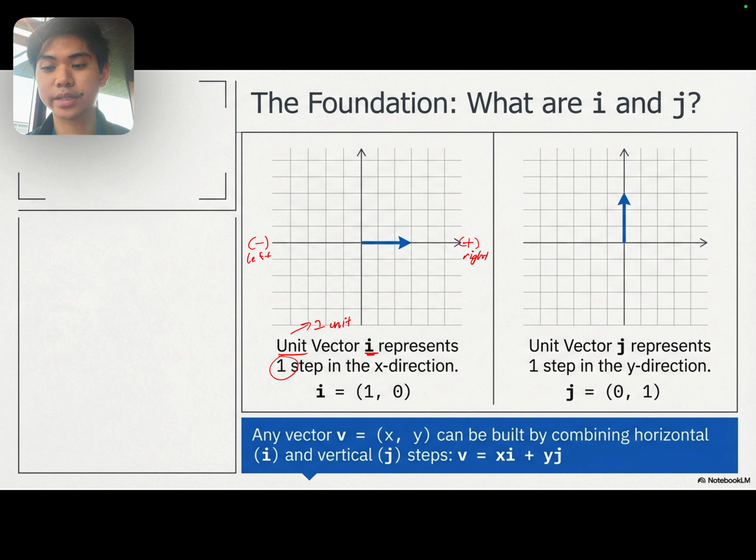Similarly, unit vector j represents one step in the y direction. For positive j, we're going up in the y direction, but for negative j, we're going down.